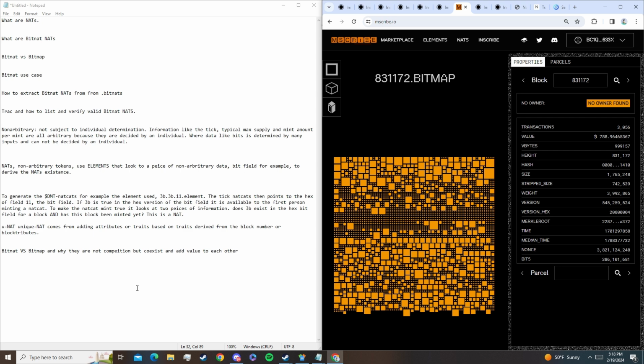A bitmap is land. It's an NFT that's giving you access to a plot of land or a parcel of land, where then inside of that land or inside of that parcel, you could have a room, you could have a house, you could have a game, you can have all sorts of different virtual spaces that you could go and exist in. That's bitmap.